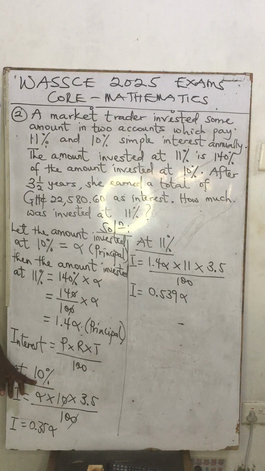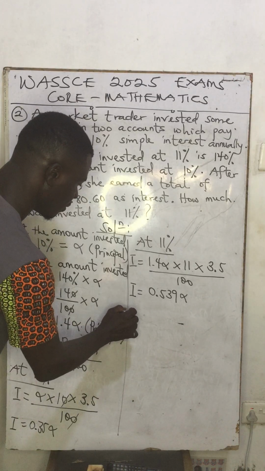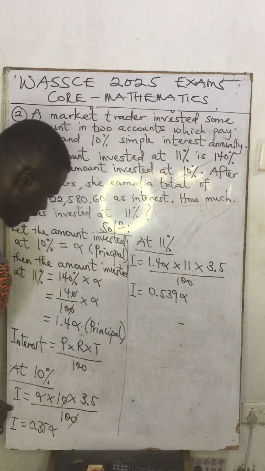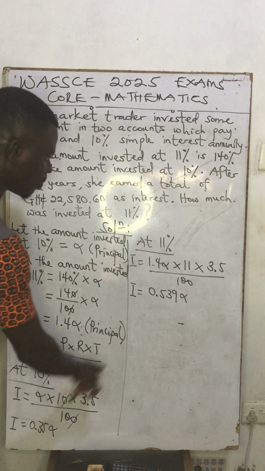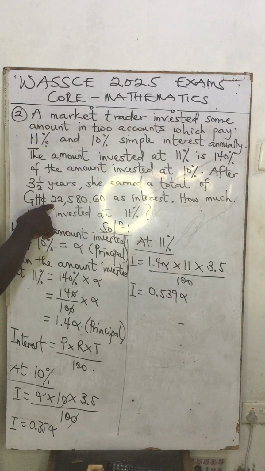Now we are saying that after 3.5 years she earned a total, which means the total of the interest at 10% and at 11%. So we add the two interests. The interest at 10% plus the interest at 11% should be equal to this total interest.